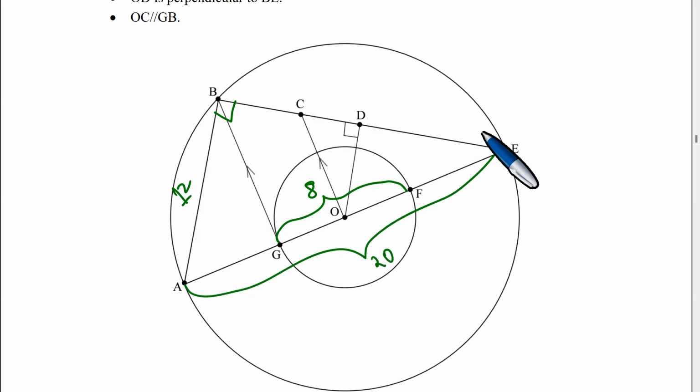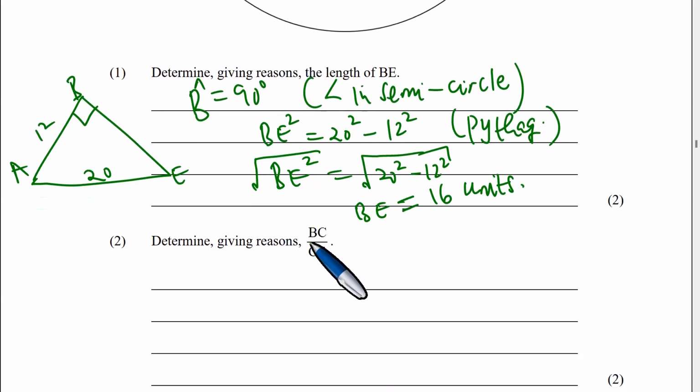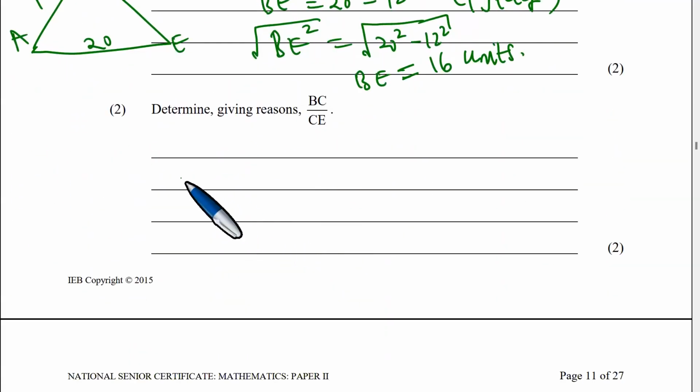Right, we can see that BC over CE is equal to BO over OE. So in other words, BC over CE is equal to BO over OE. And what is BO over OE? Let's check what is BO.